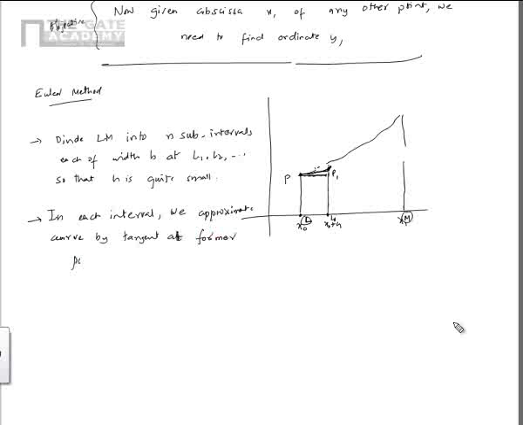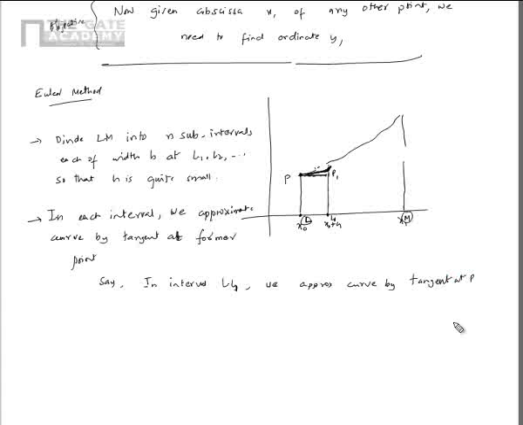So at x naught plus h, the value of y will be where the straight line, originating as the tangent at P, intersects this vertical line x naught plus h. That's the idea. So in the interval LL1 we approximate the curve by the tangent at P, which we have drawn.